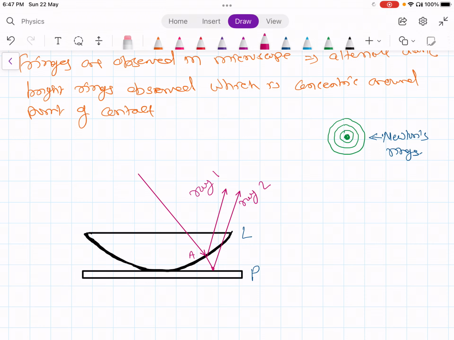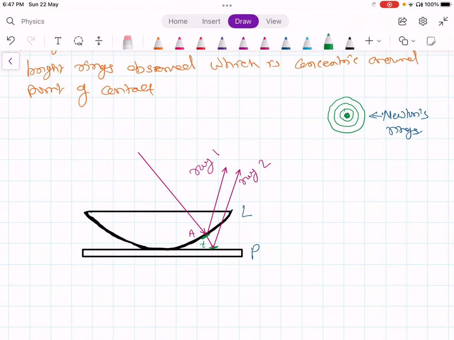So ray 1 is reflected from the top surface of the air film, and ray 2 is reflected from the bottom surface of the air film, and in between there is a film thickness t. Then ray 1 and ray 2 interfere and produce the interference pattern. The film formed between the lens L and plate P is a wedge-shaped film, with a wedge angle alpha.